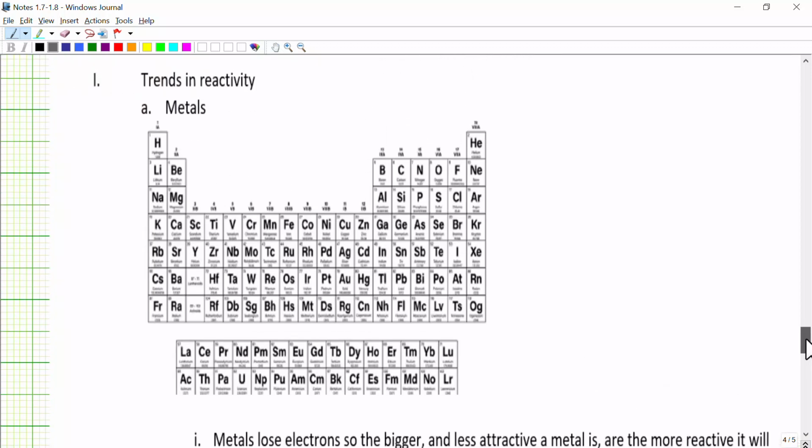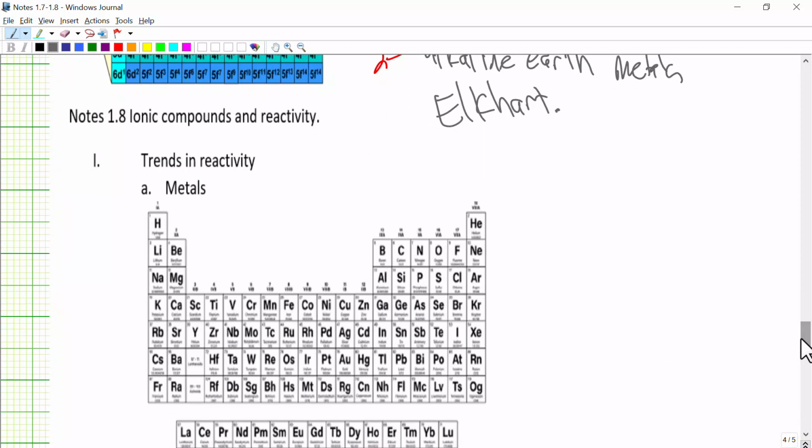All right. Trends in reactivity. Ionic compounds and reactivity. So trends in reactivity. Metals. Metals lose electrons. Okay? Remember my metal line is right here. And that's my metal, non-metal line. So metals lose electrons.